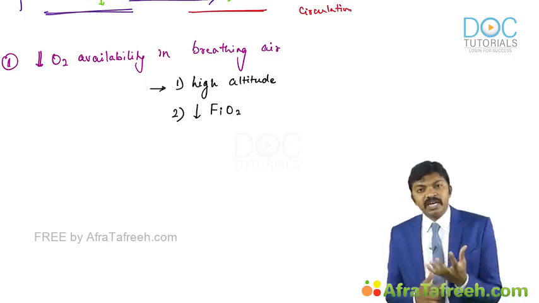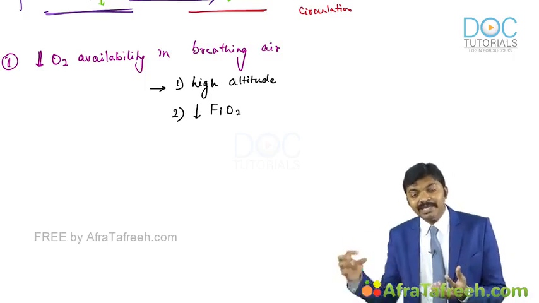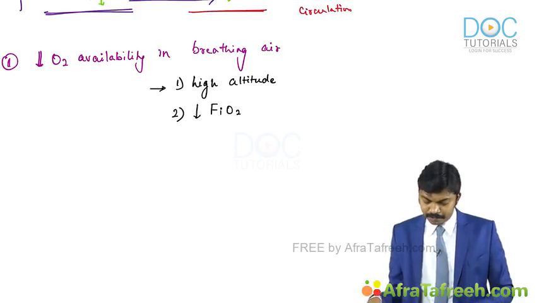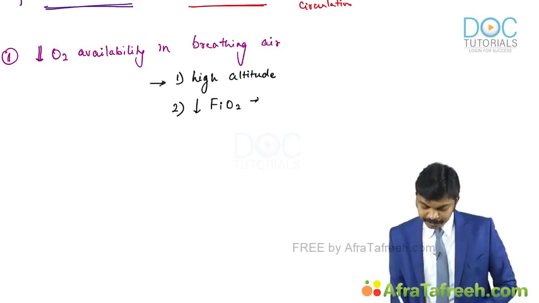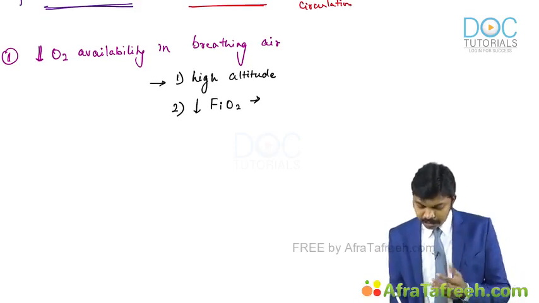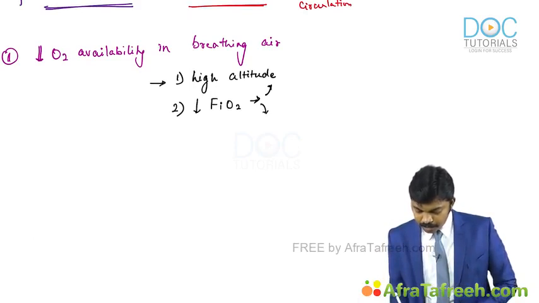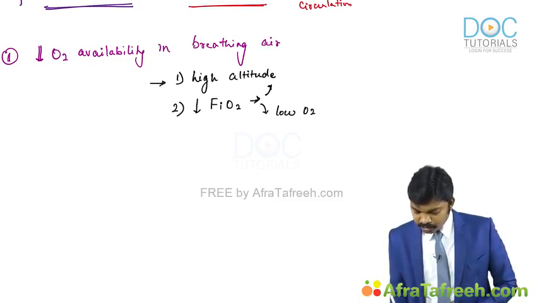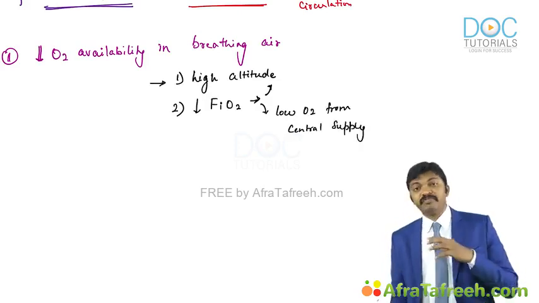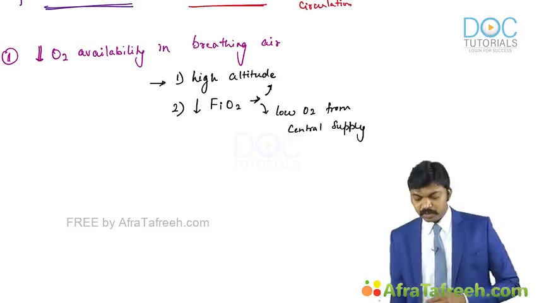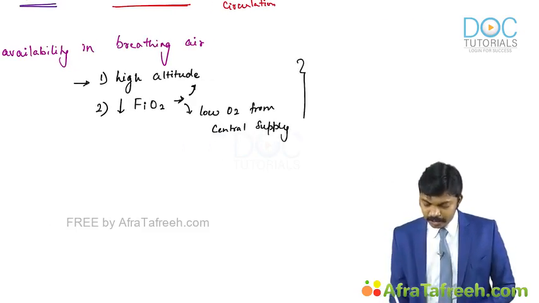So, when the fraction of oxygen in the inspired gas is getting reduced, this can happen again in high altitude and with low oxygen from central supply. In case of mechanically ventilated patient, these two conditions will lead to hypoxia.